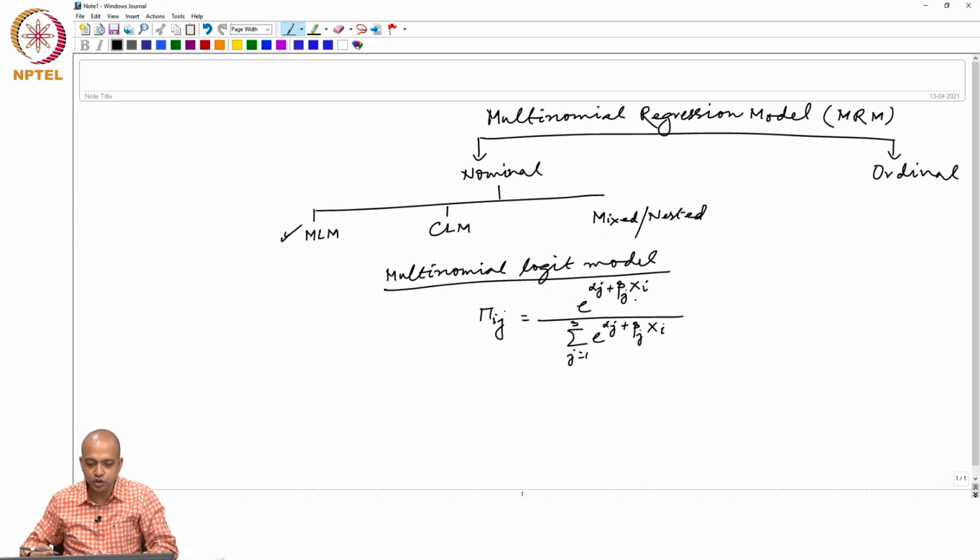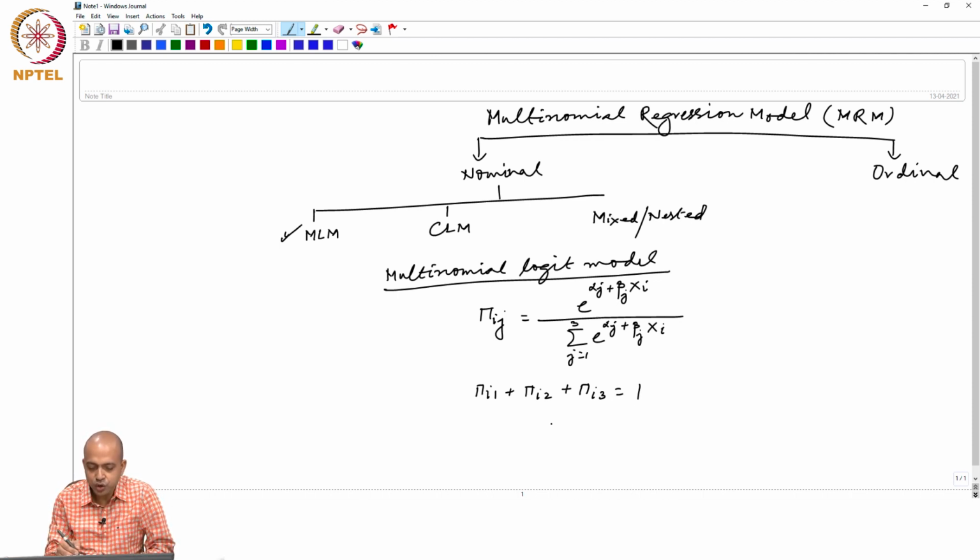And in the multinomial logit model, we are trying to explain chooser specific data. That means depending on the individual's socioeconomic and demographic factors, they will select either option 1, 2 or 3. All right. And we said that pi i1 plus pi i2 plus pi i3 equals 1, the sum of the probabilities equals 1.